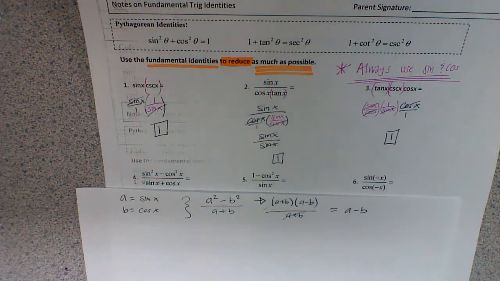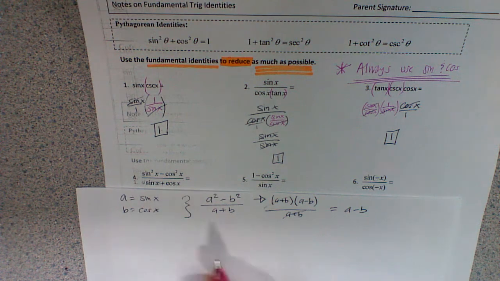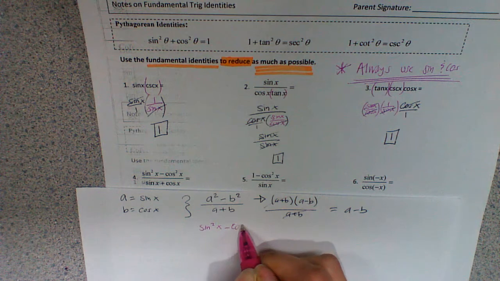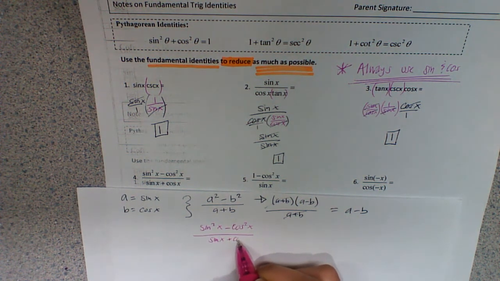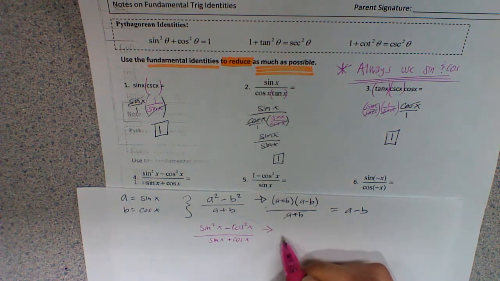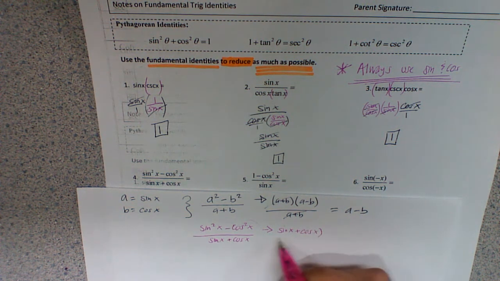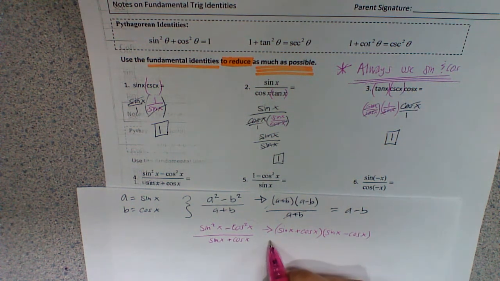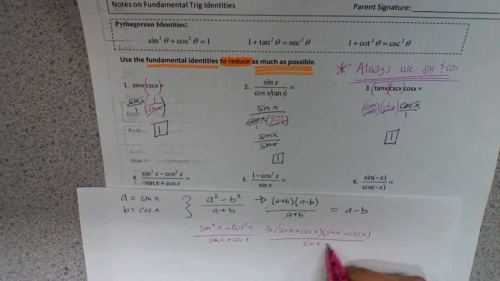Now if I apply back into it what I'm really working with, which is sine and cos, really I have sine squared of x minus cos squared of x over sine of x plus cos of x. This, just like we did earlier, does factor to sine of x plus cos of x times sine of x minus cos of x, all over what was already there, which is sine of x plus cos of x.